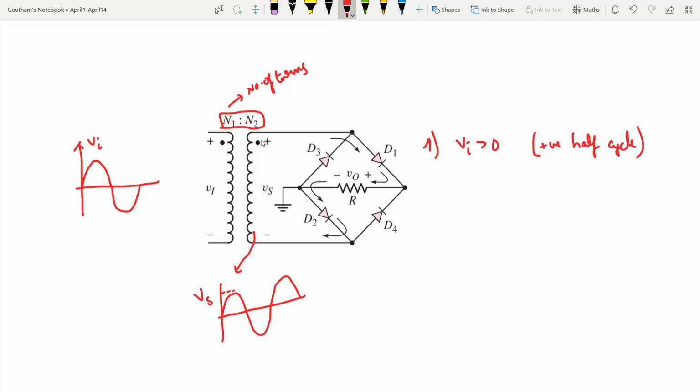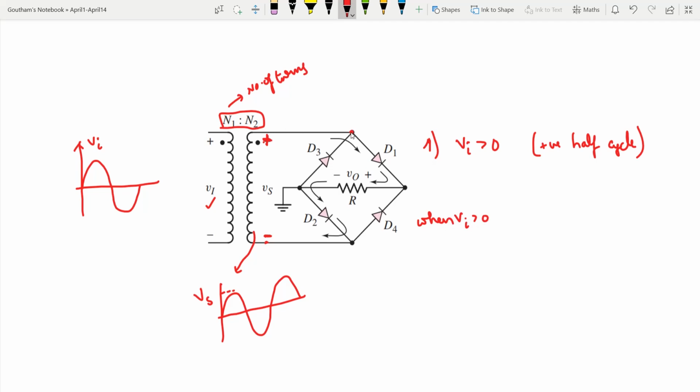In the secondary, when Va is greater than 0, this node is the most positive node and this node is the most negative node. In the positive half cycle, when Vi is greater than 0, what is my conclusion?